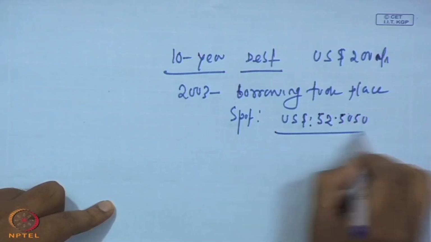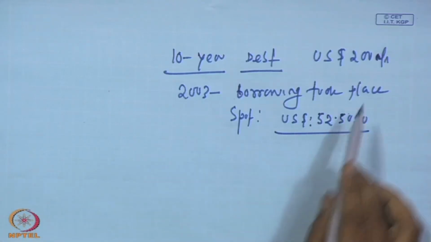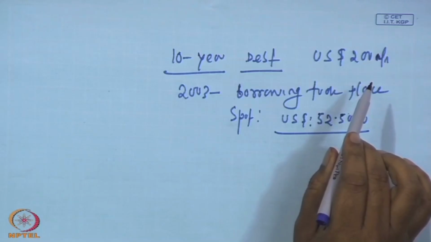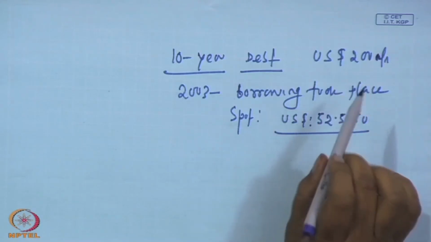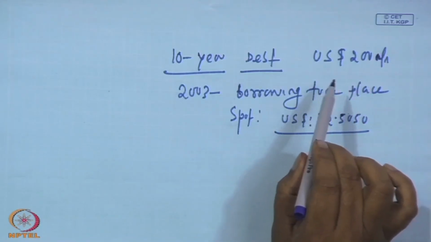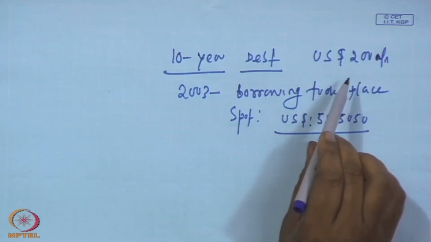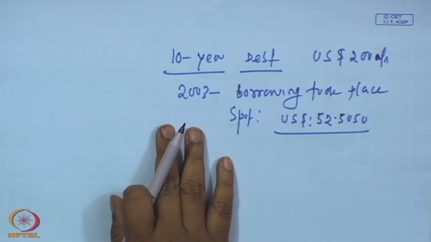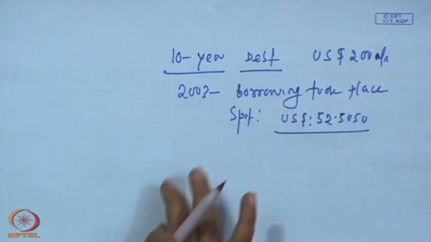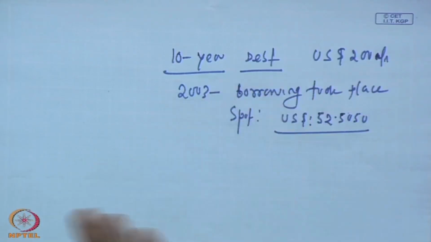At this rate the Indian company got the $200 million, and he is supposed to return the $200 million after 10 years, that is in 2013.